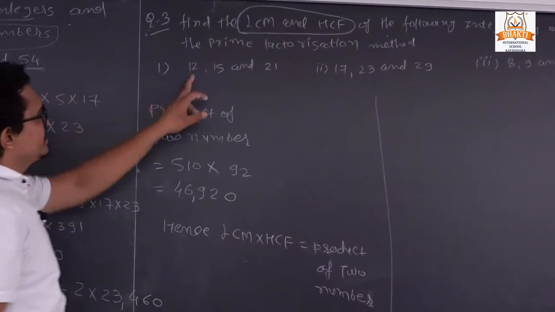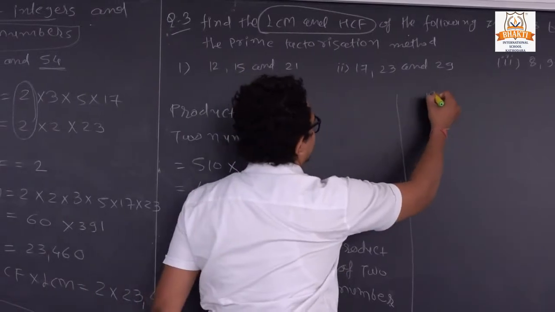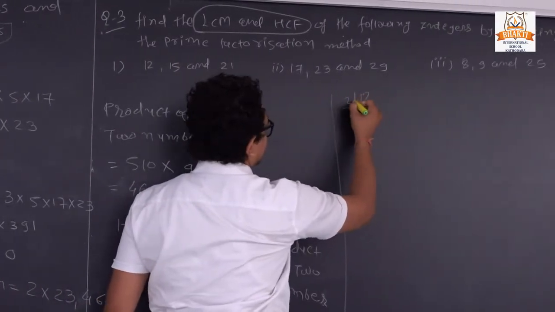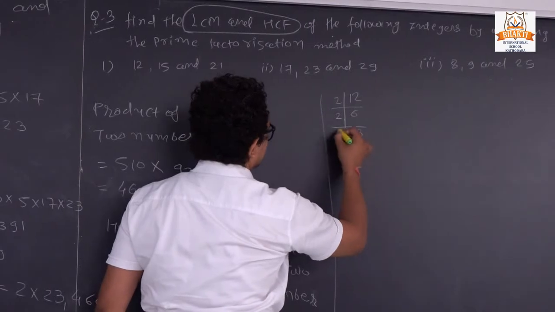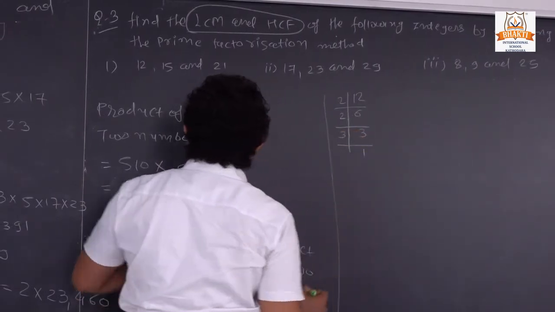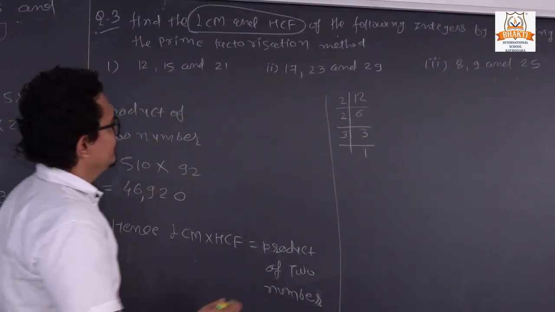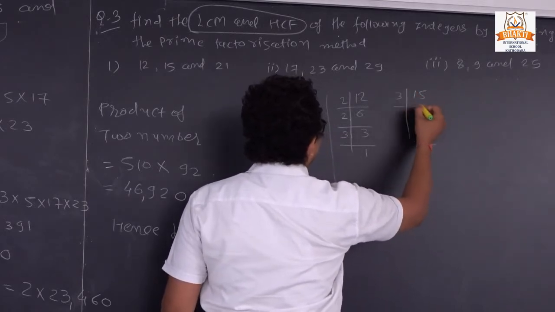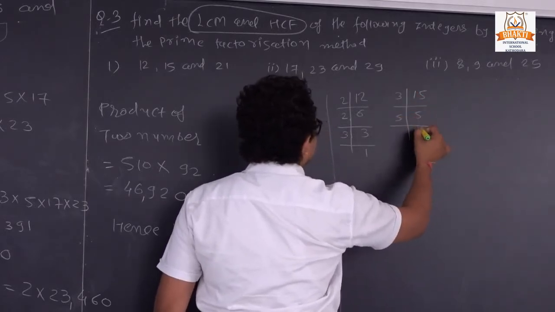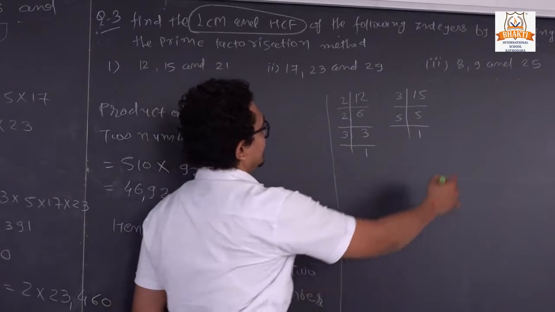So first number is 12. So what is the factorization of 12? If we divide by 2, 6, once again 2, 3 and 3 ones are 3. Then what is the factorization of 15? We can find the same way, 15. So 3 and 5 ones are 5. Then 21.